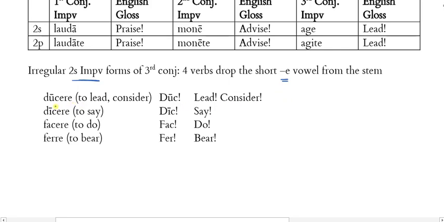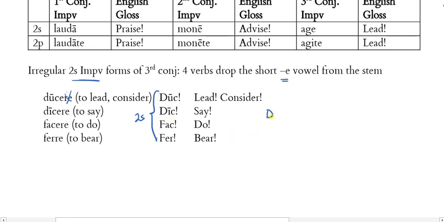So ducere, presumably you drop the re and the second singular would be duce, but notice it shortens to duc. So duc, lead, consider, to a single you. All right. So these are all second singular imperatives. Dicere, to say, and so instead of dice, when you drop the re, you get dic, say.